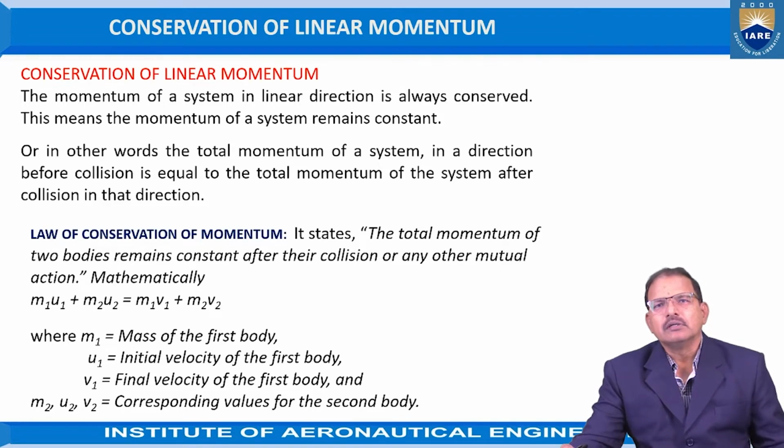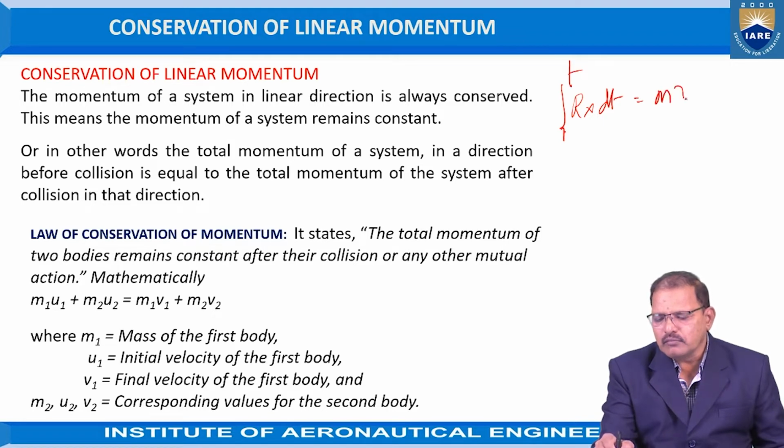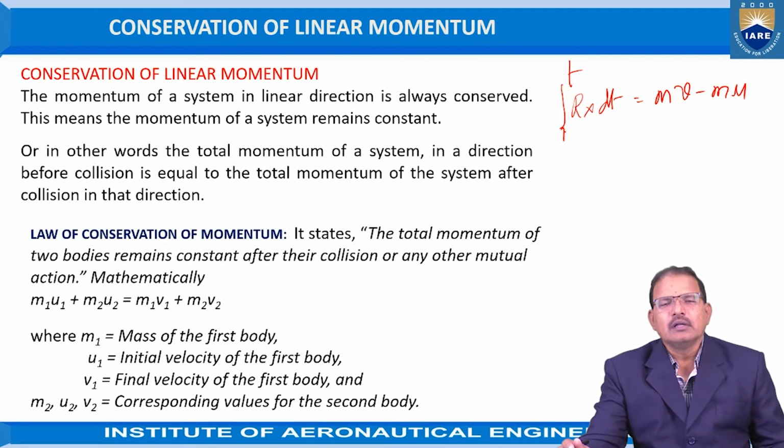According to our previous equation, the integral of R into dt from 0 to t is equal to mv minus mu. Conserved means the momentum possessed by the body at the initial stage is equal to the momentum at the final stage. Initial momentum is mu and the final momentum after time t is mv. Conserved means it remains constant.